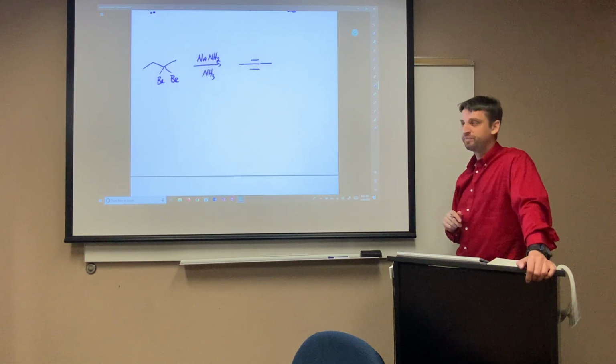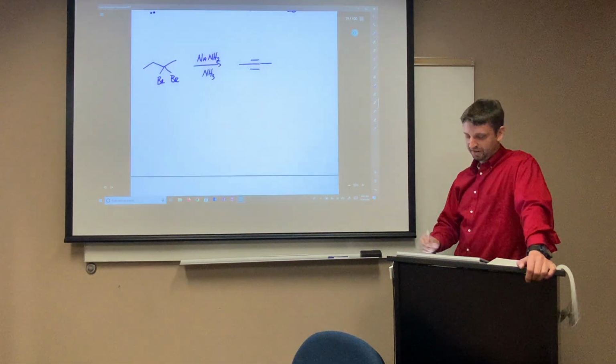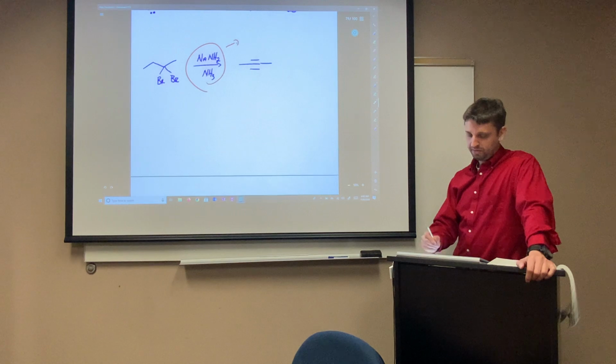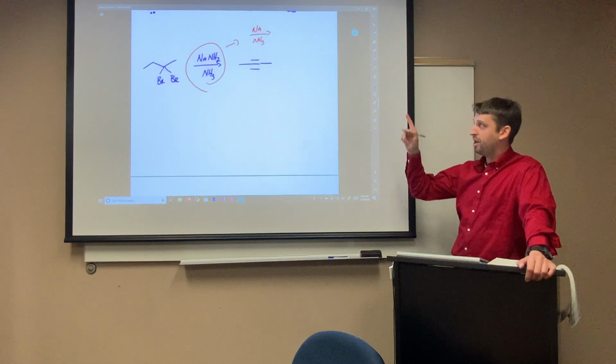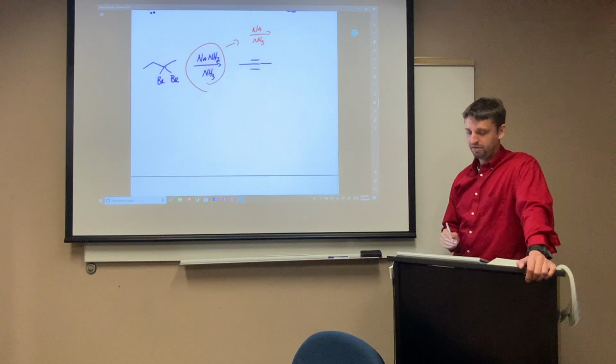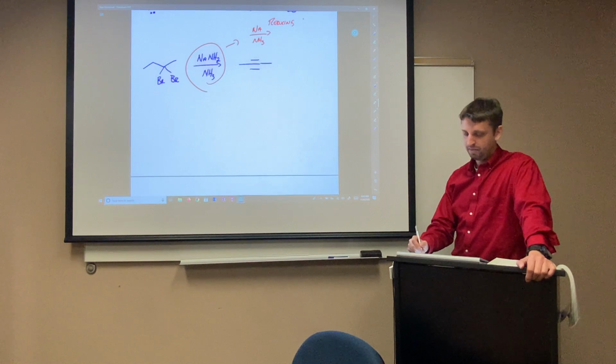Now, here's one of these common mistakes that happens. Oftentimes, you guys mistake this for Na over NH3. These are not the same things. They don't behave the same way. Na over NH3 is not going to make that product. This is for reducing things, reducing alkenes and alkynes.